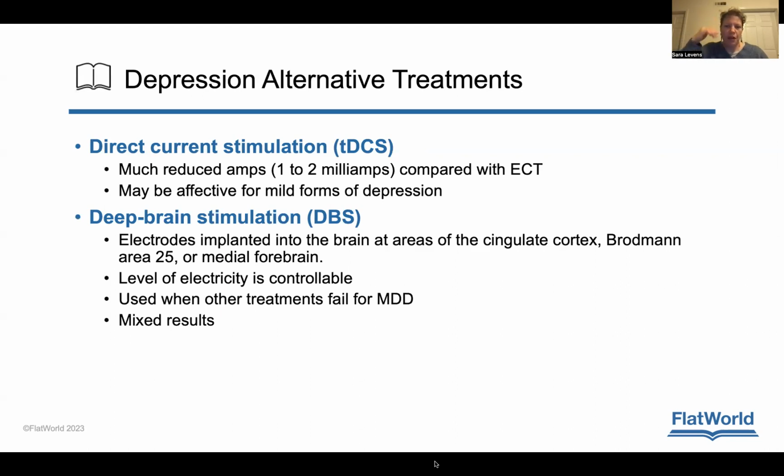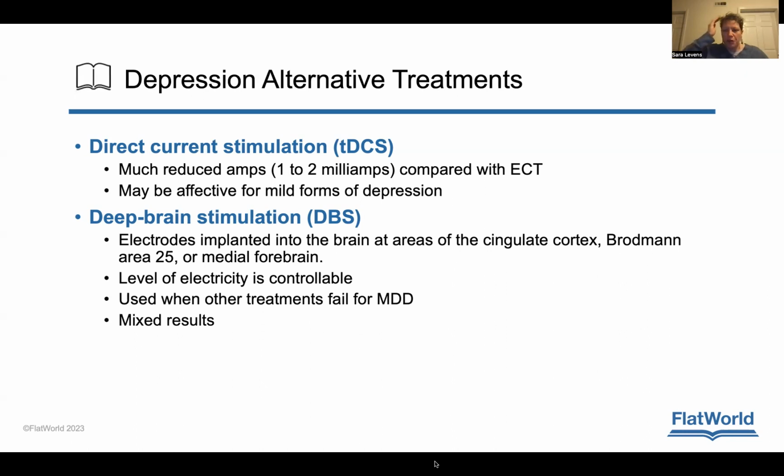Some of them are internal. Actually, excuse me, this is not it; deep brain stimulation is the one with the electrodes. I was just thinking about both at the same time.